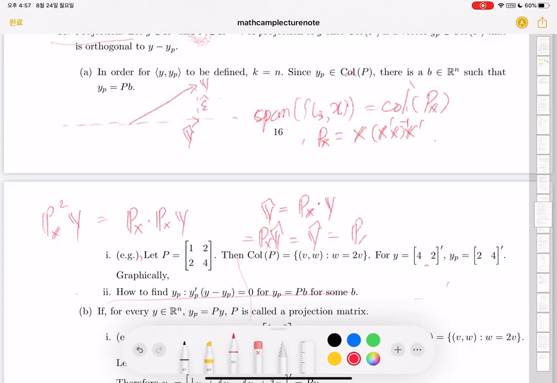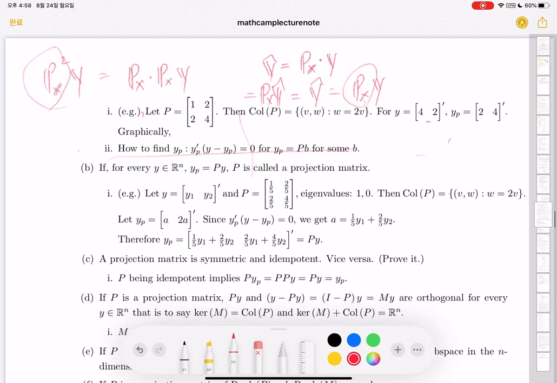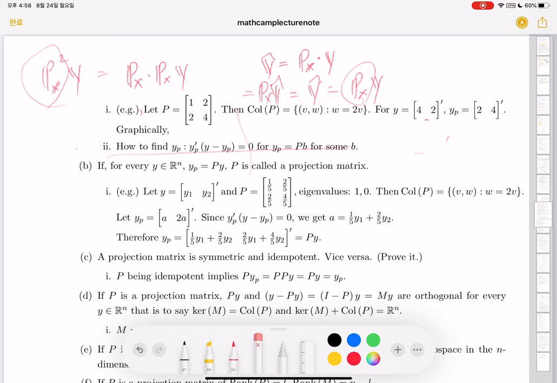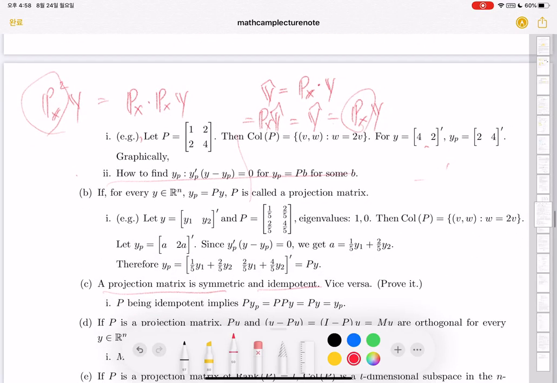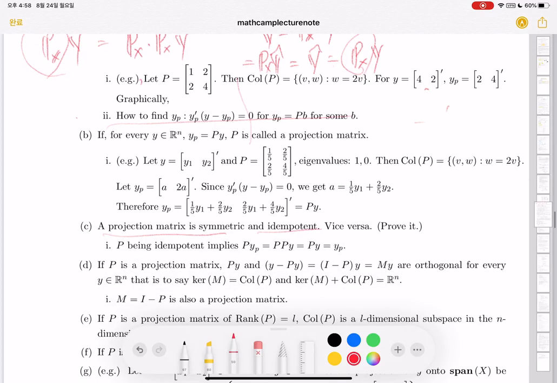That's P of x y, therefore P of x squared is P of x. So the projection matrix is symmetric and idempotent, and geometrically it has to be because of this property.